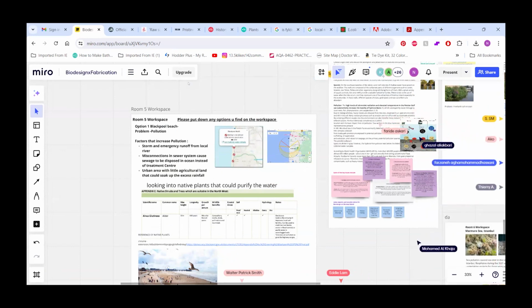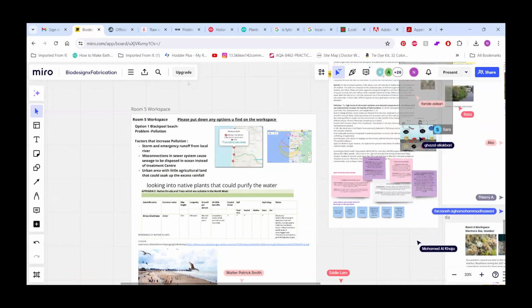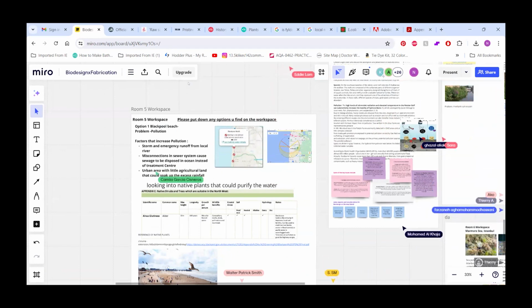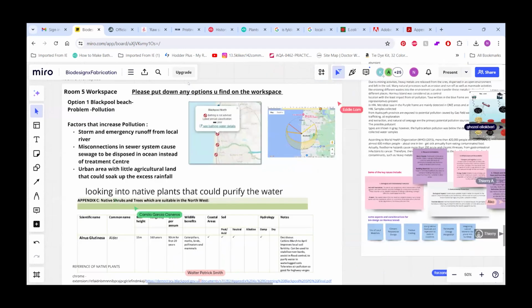However, with people able to go overseas, and the fact that it's no longer considered safe to bathe in the waters due to pollution, specifically runoff issues: storm and emergency runoff, with the sewer systems overflowing when there are huge amounts of rainfall. And as it's an urban area, it has very little agricultural land to soak up the excess rainfall.